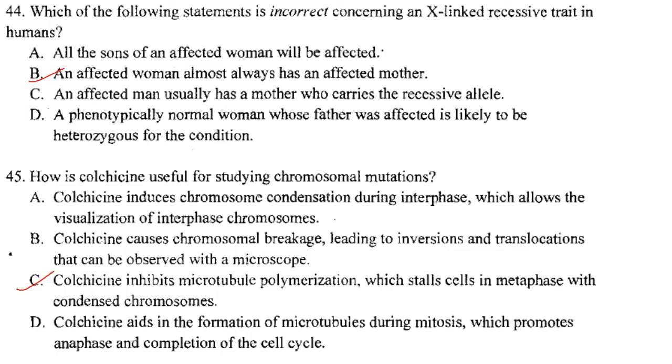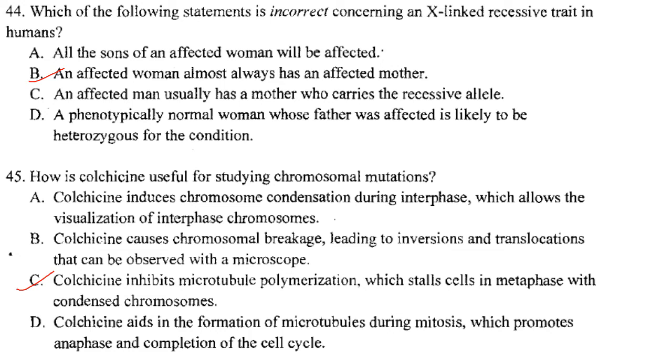Then which of the following statement is incorrect concerning an X-linked recessive trait in humans? An affected woman almost always has an affected mother. So females, in case of X-linked recessive trait, they get the defective gene either from her mother's defective X gene or if her father has the disorder.